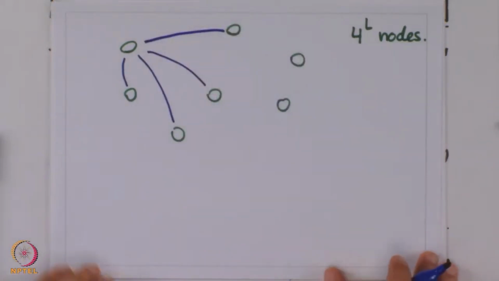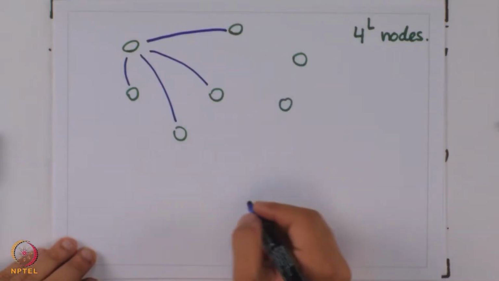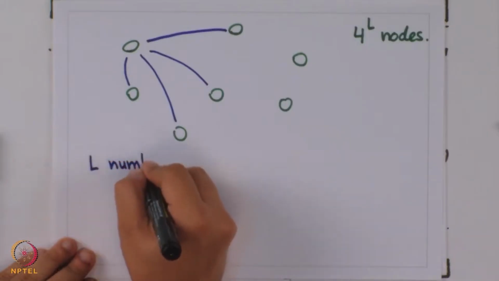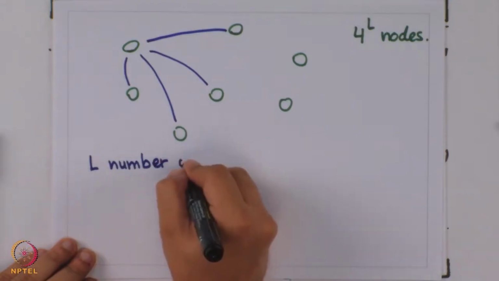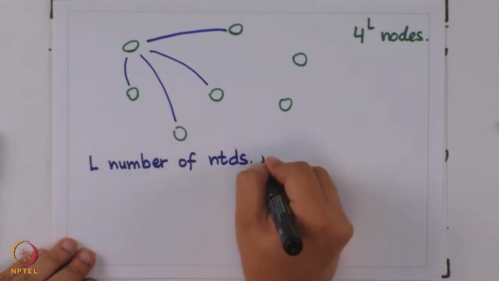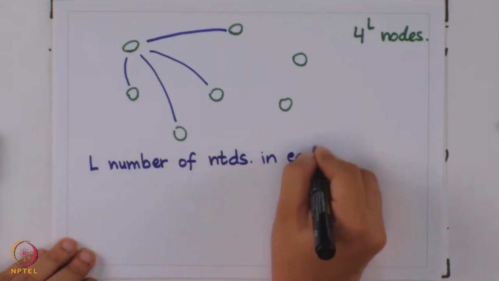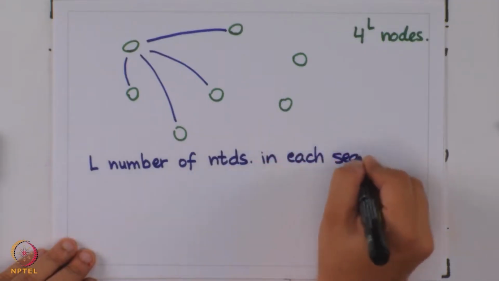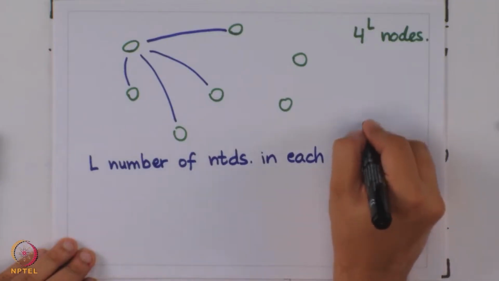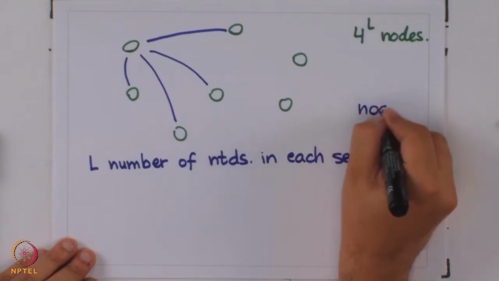How do I find that out? 4 to the power L comes from the fact that there are L number of nucleotides in each of these sequences, right? And each sequence here is represented by a node.